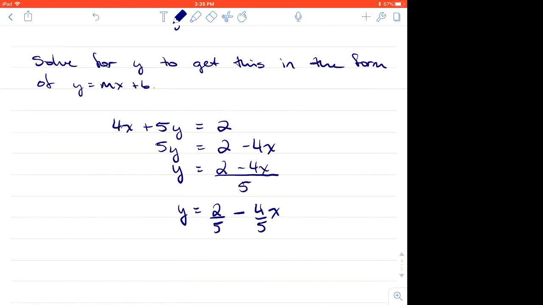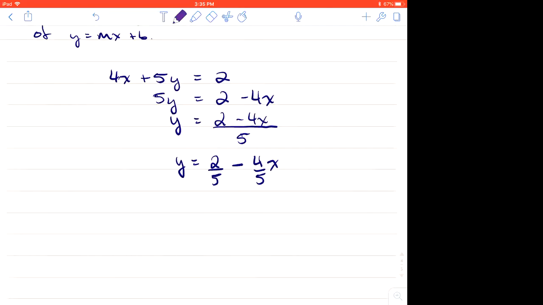In fact, we have to have both terms over 5, right? Because all of it's being divided by 5, right? So now, right, we have our slope is negative 4 over 5. And our intercept is 2 over 5.